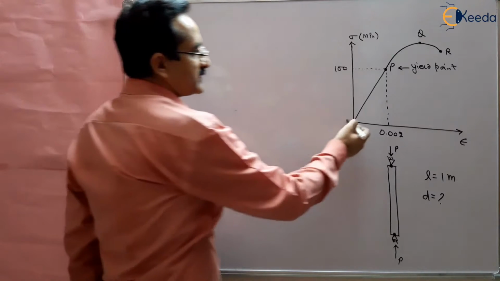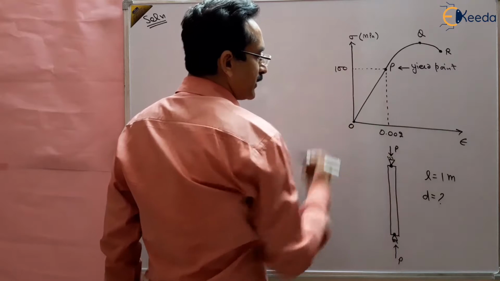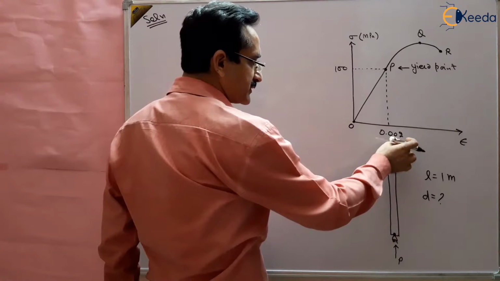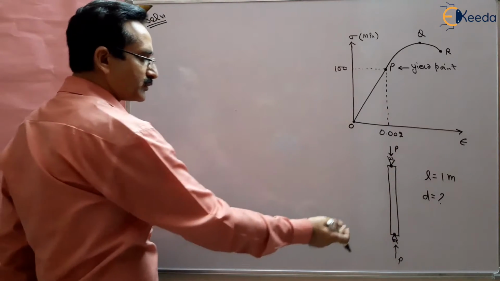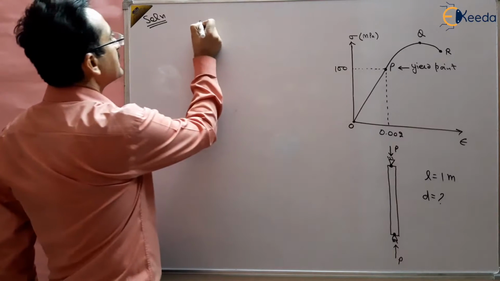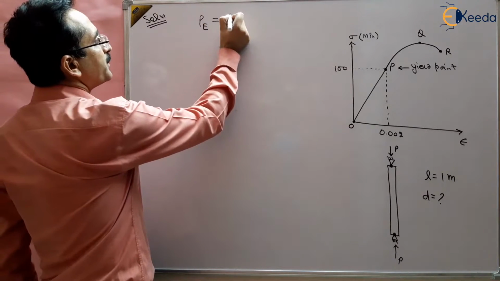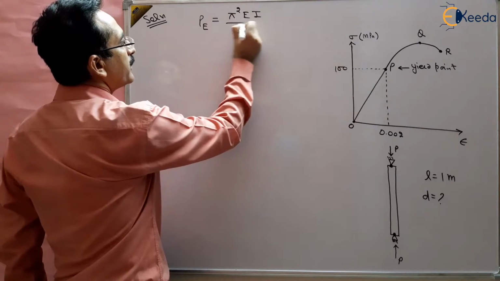Now up to this point it is linear, and this strain is given to us, 0.002. We can find out the stress or strain because it is given to us in terms of load. So suppose load is there, the Euler load is given by P is equal to pi square EI upon L square.